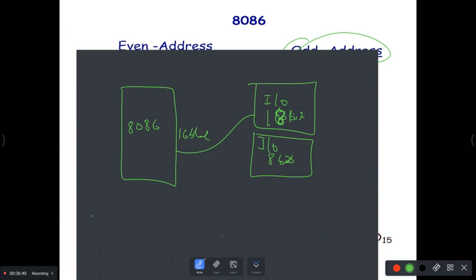You don't require even and odd addressing. Remember this, because your IO can handle 16-bit data and your 8086 can also handle 16-bit data.